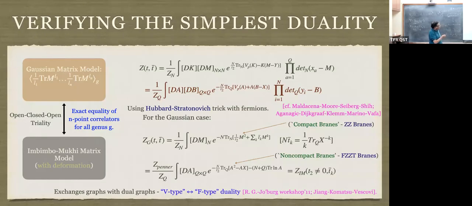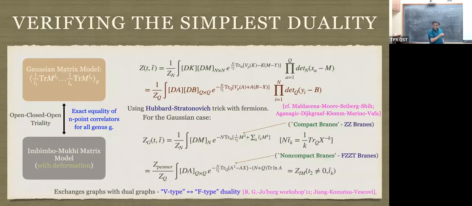It looks very innocuous, but you can actually show this very explicitly using this Hubbard-Stratonovich-like trick. Let's say you start from here, you write this determinant as fermions. Then you can integrate over M because it's linear in M. When I exponentiate this as e to the psi dagger (s minus M) psi, I can integrate out M. That gives a delta function that relates K to a bilinear of psi dagger psi.